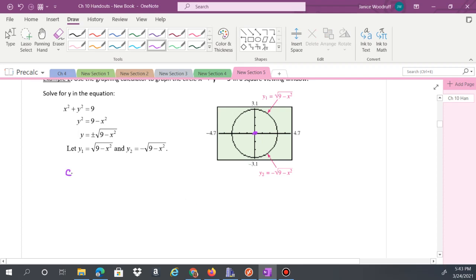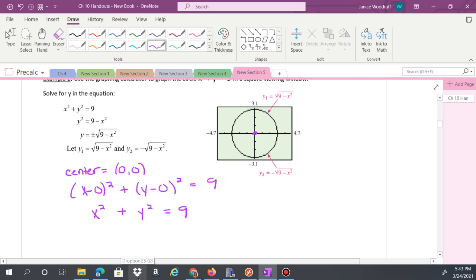So if my center is 0, 0, okay, then you have x minus 0 squared plus y minus 0 squared. So you don't need to write that. That just gives you x squared plus y squared. So if you see the x squared and the y squared without parentheses, that just means a point at 0.